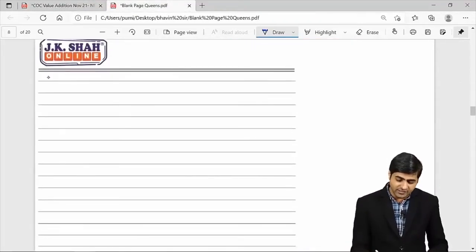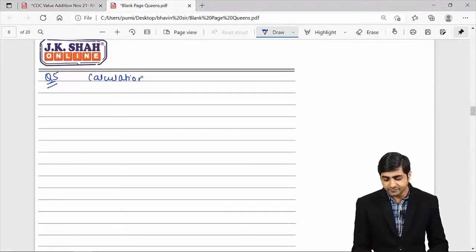So how will you approach this? A solution to question number 5 will be like this: calculation of WACC using market value weights.